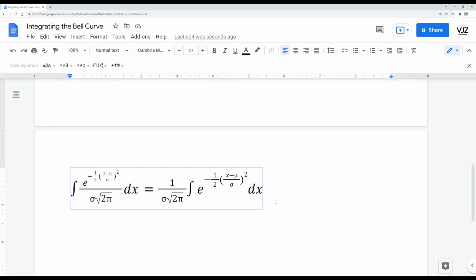Now what? Now we are going to see if we can find a suitable u substitution value. You might want to just make this u, but think about this. What is the derivative of this function? Does it exist somewhere here?